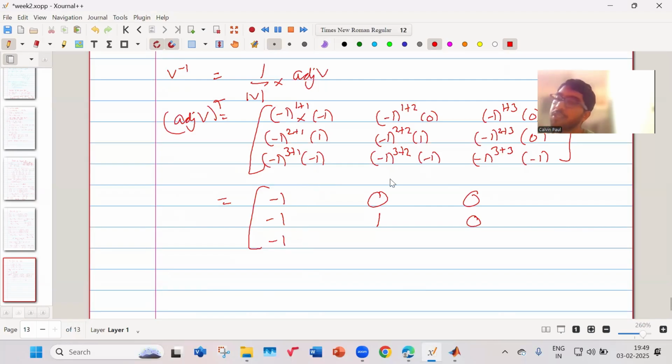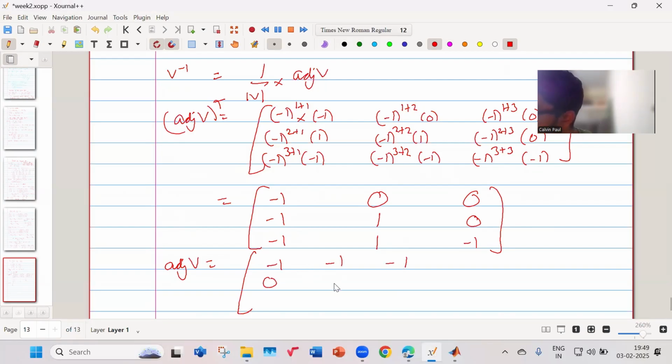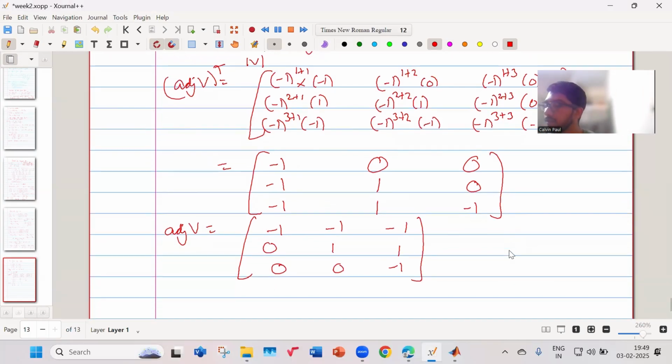Here minus 1 to the power 3 plus 2 is minus 1 to the 5, so it is minus 1 into minus 1, so that is 1. Minus 1 to the power 3 plus 3 is minus 1 to the 6, into minus 1, so this is minus 1. Okay, so this is the adjoint of V transpose. So our adjoint of V actually is minus 1, minus 1, minus 1, 0, 1, 1, 0, 0, minus 1. Okay, so this is what we got.